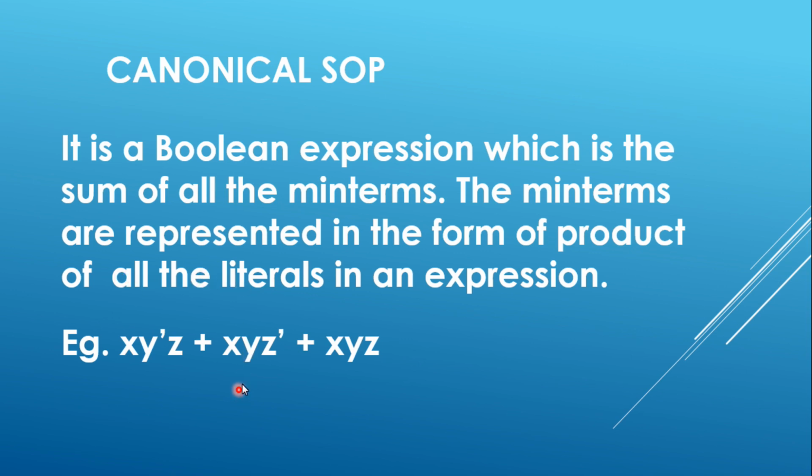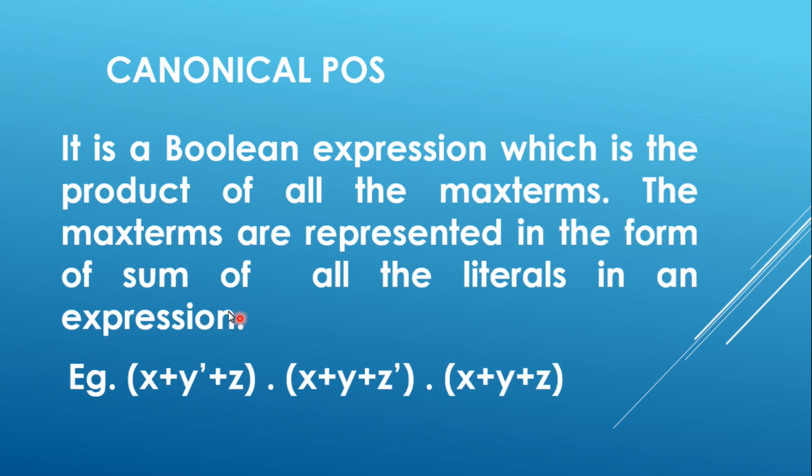And canonical POS expression is the product of the max terms. So max terms, as you know, have all the variables in an expression. So when the POS expression is such that the terms are the max terms, then it is known as canonical POS expression.